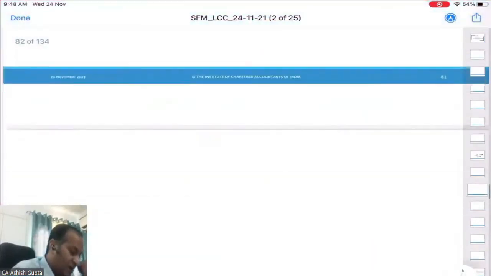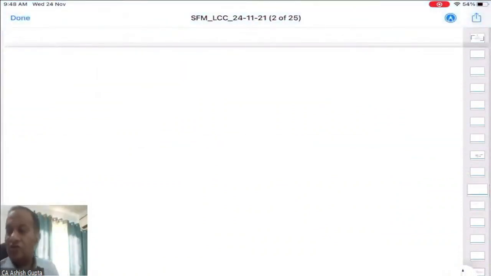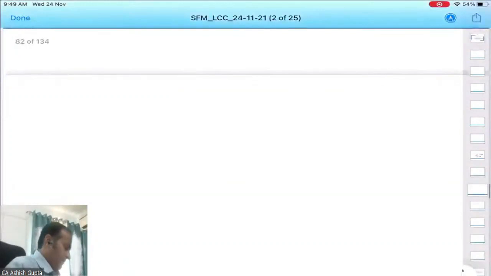Now, before that, I want to explain all this conversion in diagrammatic form. Hold on for a minute. I am just showing you by way of a diagram.